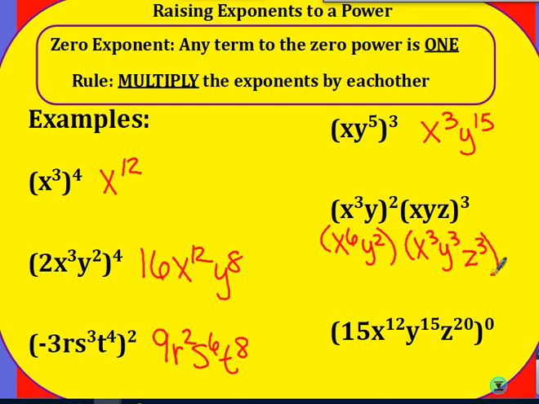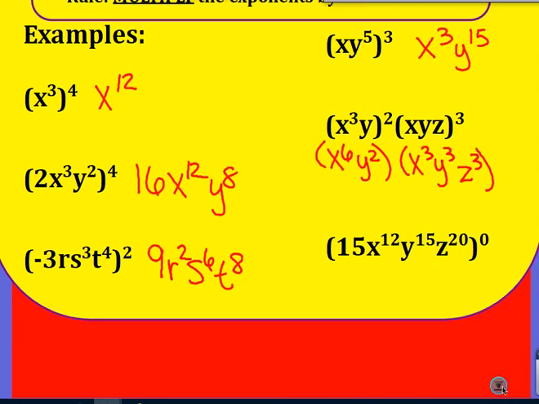Now, you have two monomials that are going to be multiplied. Remember, when you multiply monomials, you add the exponents. This gives you a final answer of x to the 9th, y to the 5th, z to the 3rd.